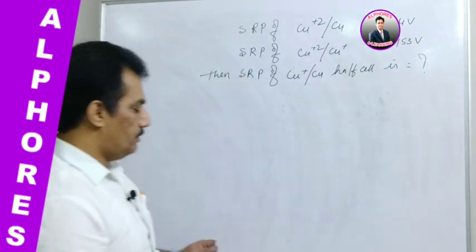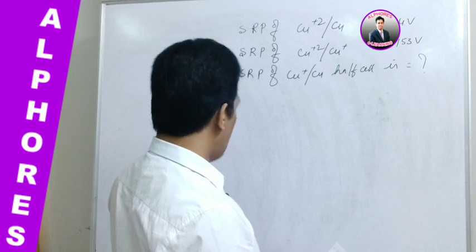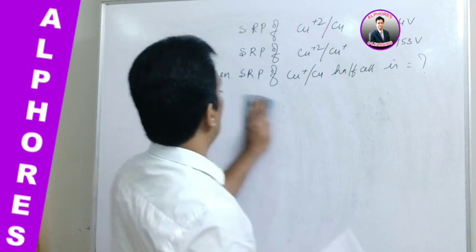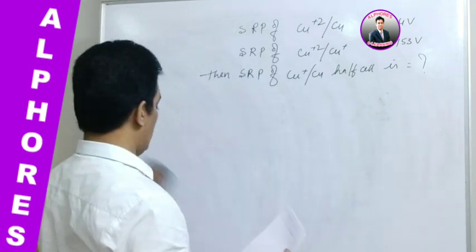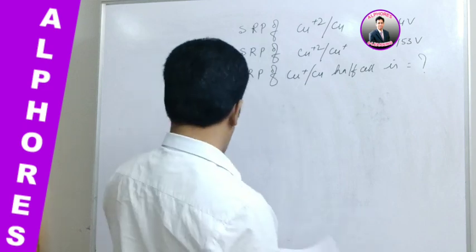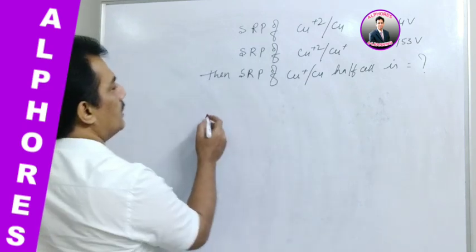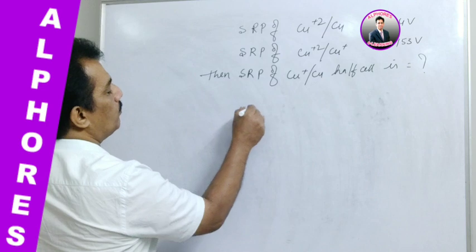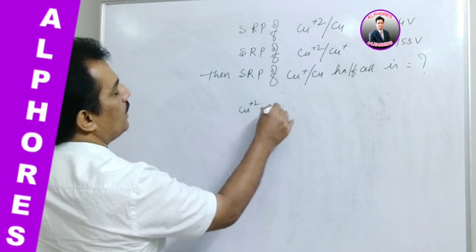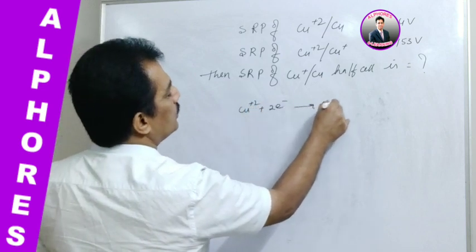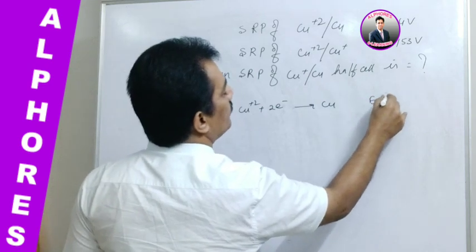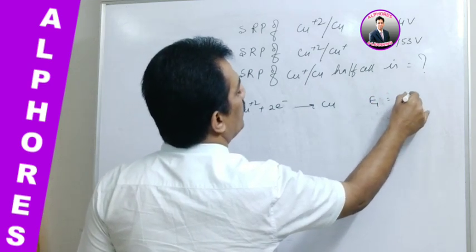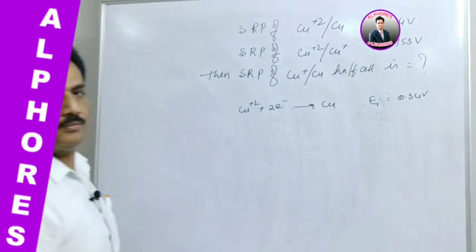Clear? Now for this purpose, first let us write the electrode reactions of these two data provided and the required reaction also. The first one, Cu+2, by taking 2 electrons, is reduced to Cu. Here E1 value is given as 0.34 volts.